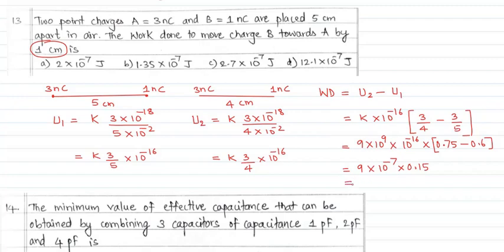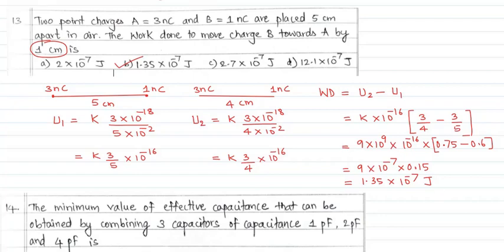If you multiply 9 into 0.15, 15 nines are 135, so you will have 1.35 into 10 raised to minus 7 joules. So option B is our answer.